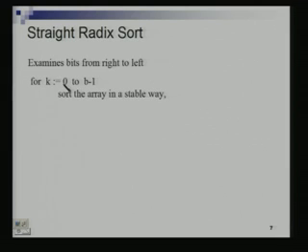So, k equals 0 is the least significant bit and b minus 1 is the most significant bit, and we are going to sort the array based on the kth bit in a stable way. So, sort the array in a stable way, looking only at the kth bit.